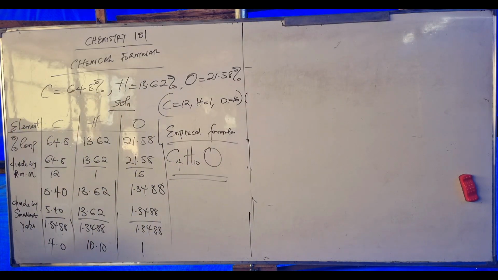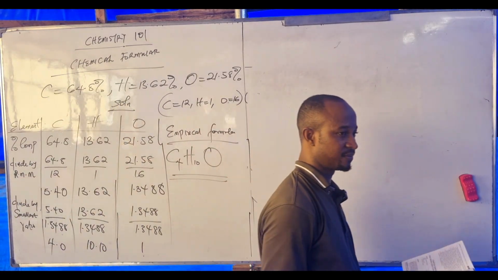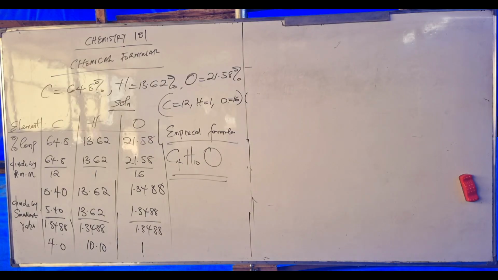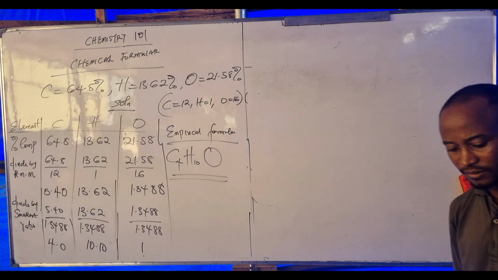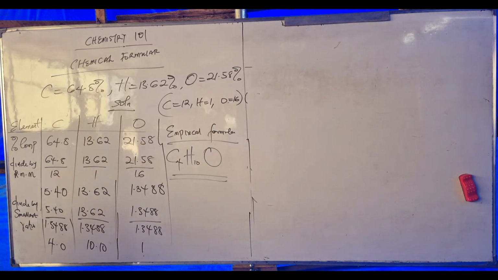Aspirin contains 60.00% carbon, which is the same as 60%, carbon, 4.48% hydrogen, and 35.50% oxygen.